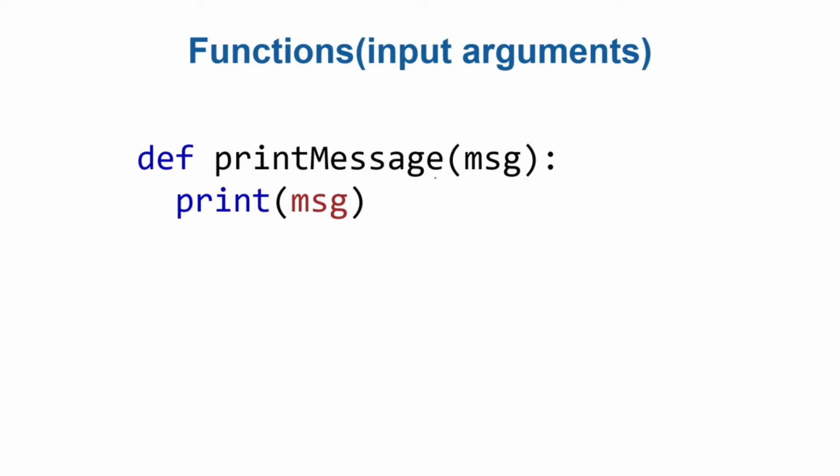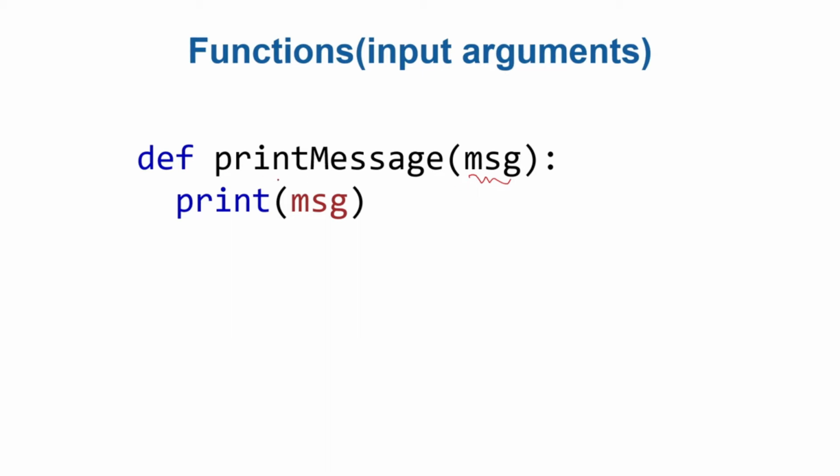For example, in almost all programming languages, the most interesting functions are the functions that receive an argument, and an argument is just considered a variable, and the function performs its task according to that argument.